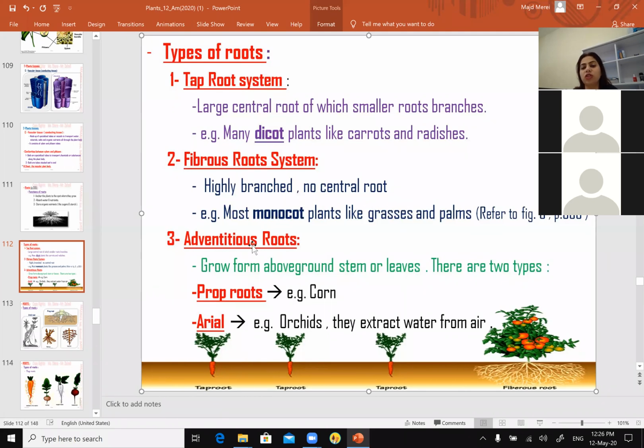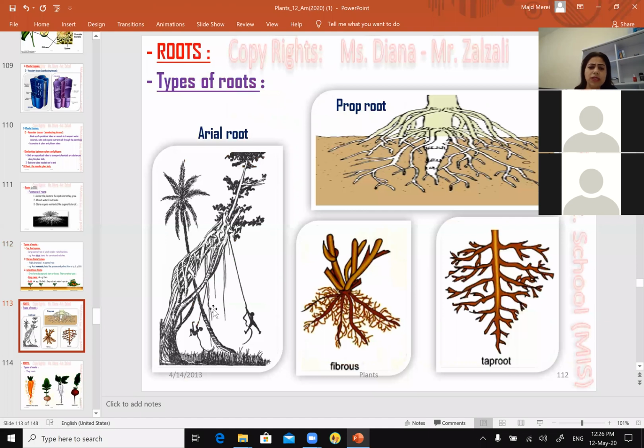What about adventitious roots? They grow from above the ground, from stem or leaves. So notice here, for example, this diagram shows one example of adventitious roots, which is prop roots. Notice how the roots grow from the stem, then they go deep inside the soil.